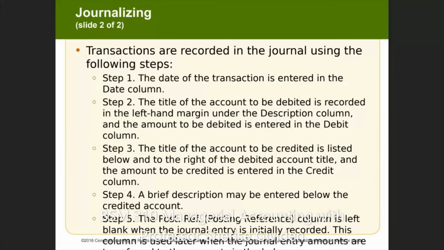So, step 4, a brief description may be entered below the credited account. And then step 5, you're going to post the reference column, which is left blank when the journal entry is initially recorded. This column is used later when the journal entry amounts are transferred to the accounts in the ledger.